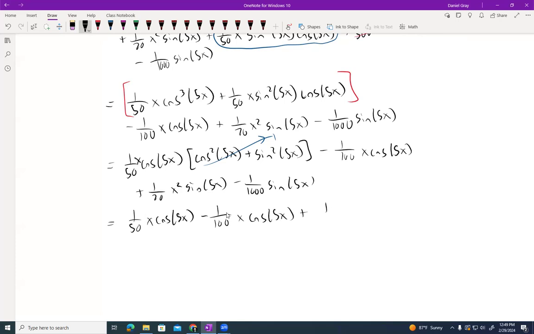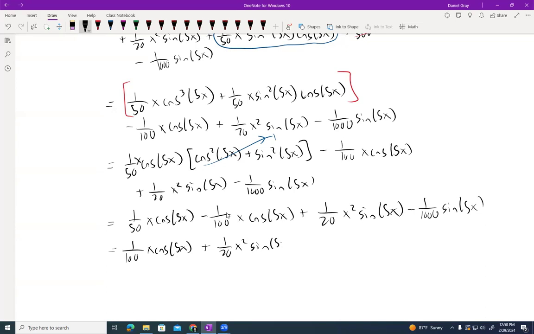And then plus a 1 over 20 x squared sine of 5x, and then minus a 1 over 1,000 sine of 5x. So I have two x cosine of 5x terms. Really this is the same thing as 2 over 100 minus 1 over 100, which is just positive 1 over 100 x cosine of 5x. And then after that, a plus 1 over 20 x squared sine of 5x minus a 1 over 1,000 sine of 5x.